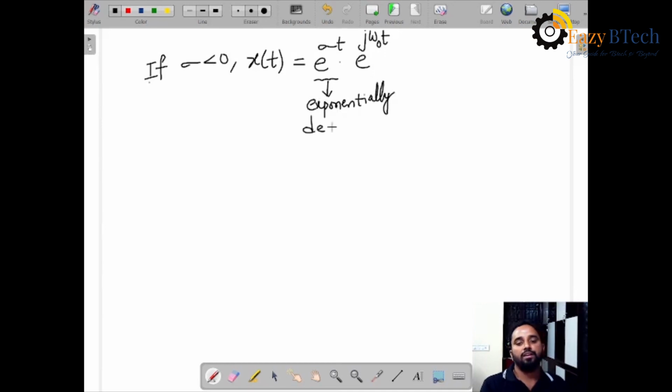After that, we have the term e power j omega naught t, which is a sinusoidal. What is the result? Again multiplication: exponentially decaying multiplied by sinusoidal.